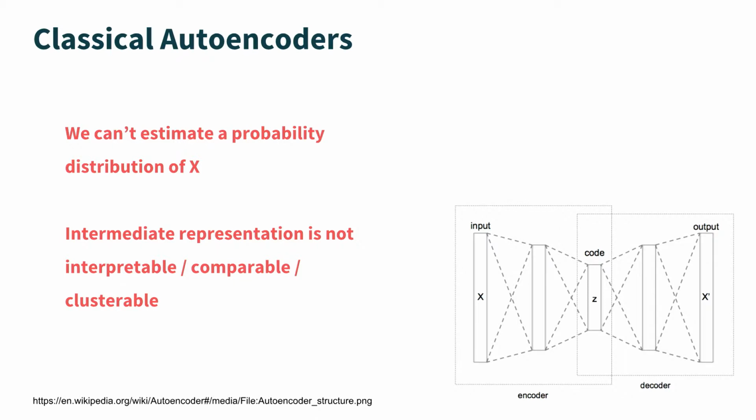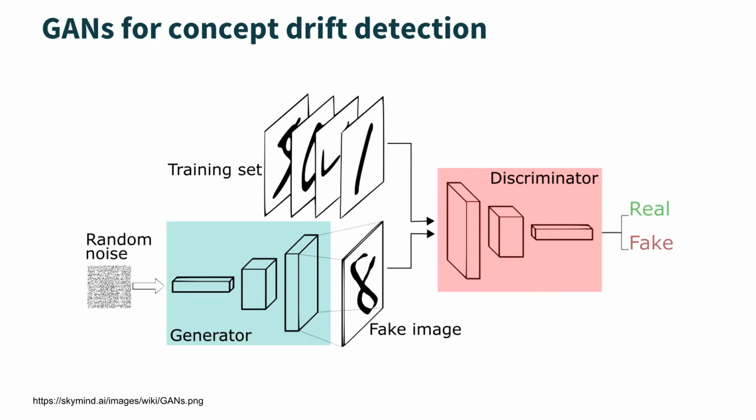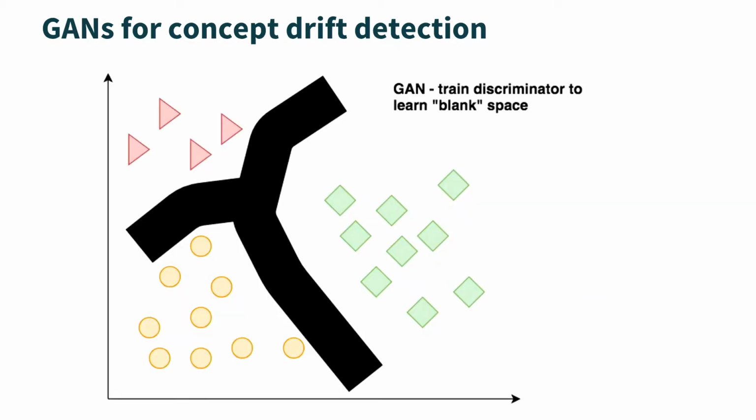There are other methods, like GANs, which you've probably seen. We can use GANs for concept drift detection as well. If you remember, GANs can distinguish between fake and real images in the classical, canonical scenario. In this case, we train GANs to learn this uncertain space.